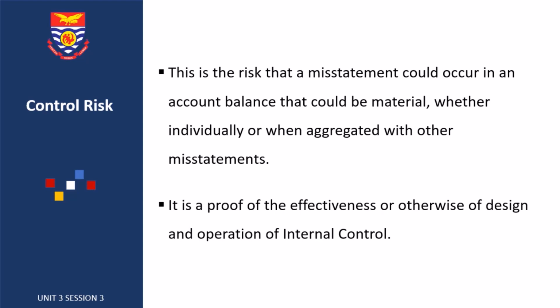Examples are approval and control of documents, maintenance and review of accounts, reconciliation, limiting direct access to controls, and control of passwords. These two come together to form the internal control. And we said that if internal control is working effectively, it is a proof of control risks being reduced in the entity.